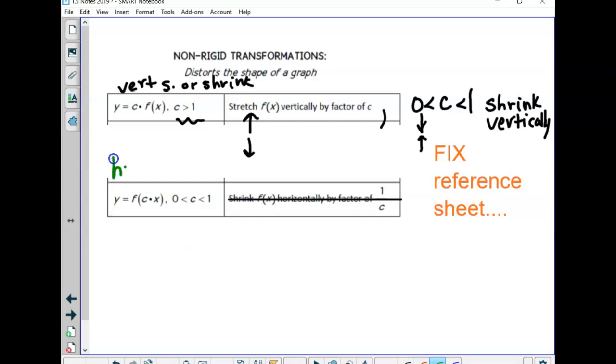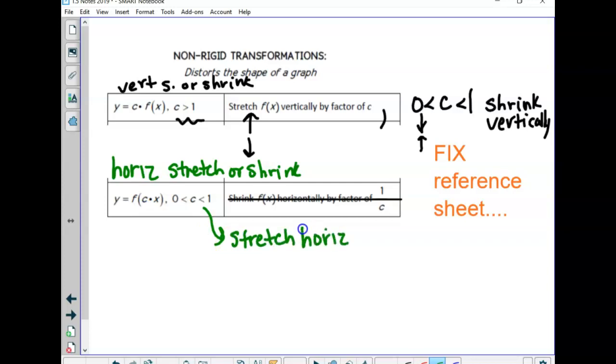Then your sheet says horizontal stretch or shrink. That's already on your sheet, right? And it says y equals f of c times x. And then it says 0 is less than c is less than 1, and it says the word shrinks behind it. Okay, but if it's between 0 and 1 and you put it in here, it actually stretches horizontally out this way.